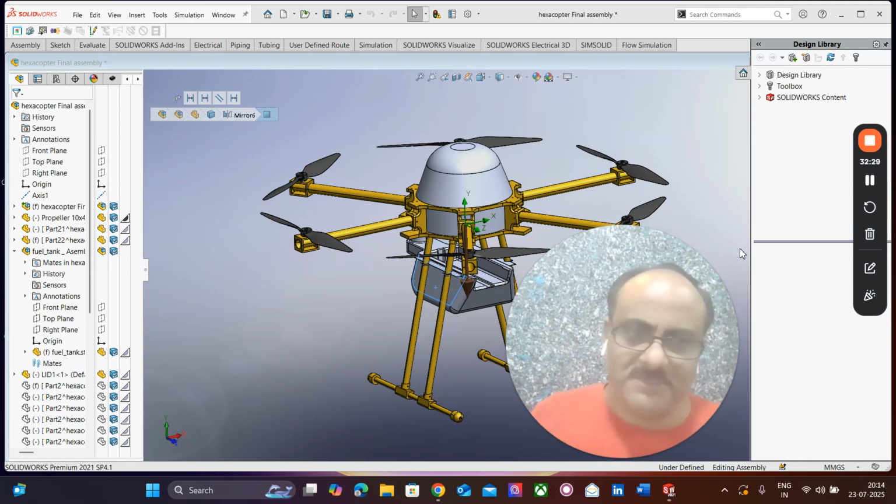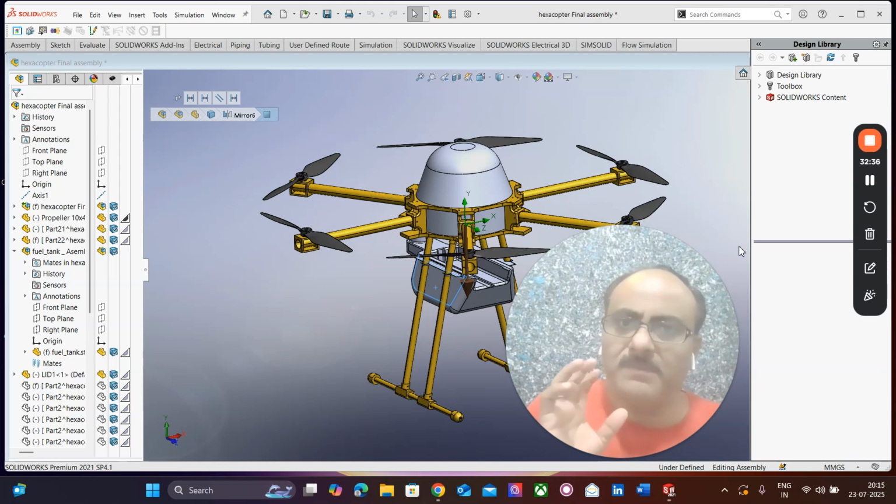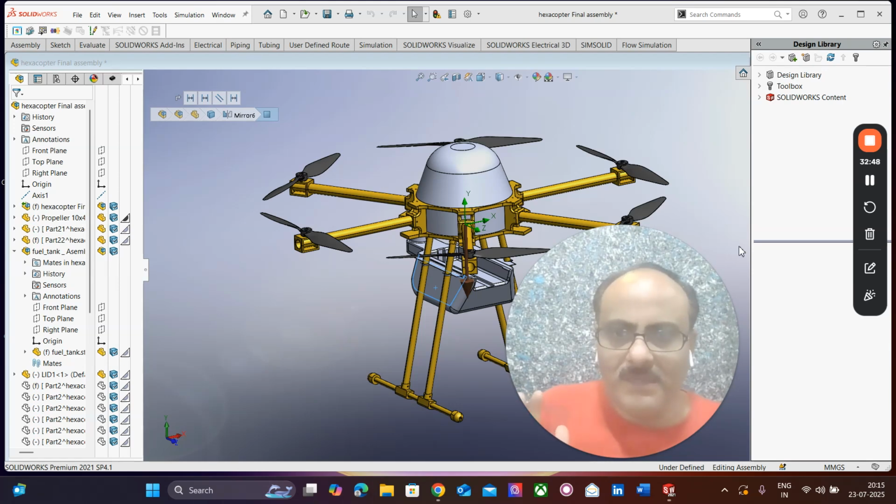Okay, and something like this, I wanted to perform because I wanted people to visualize. Many of them are able to understand what exactly the mechanics of the system are.